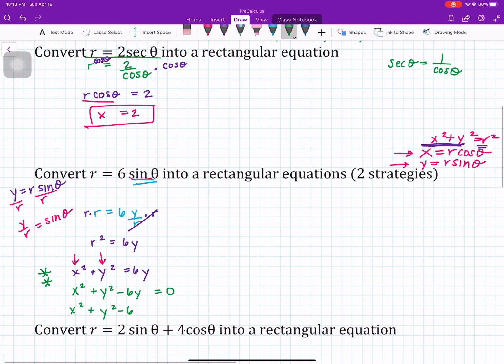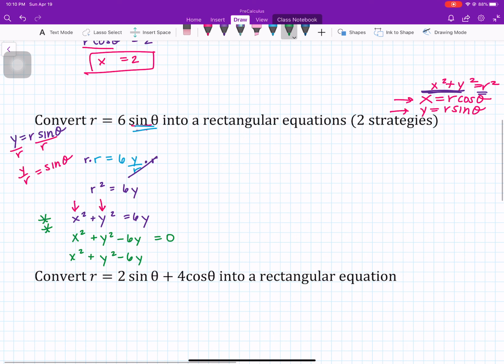And remember, I always do my plus and my minus the same number, which in this case is going to be 9 because I cut 6 in half and I get 3. I'm kind of out of space, so I'm going to pop up here real fast.